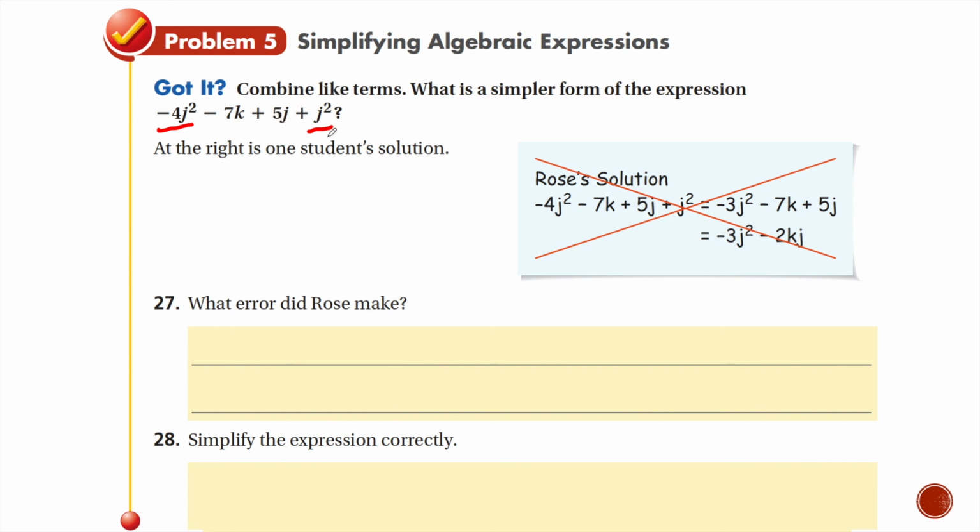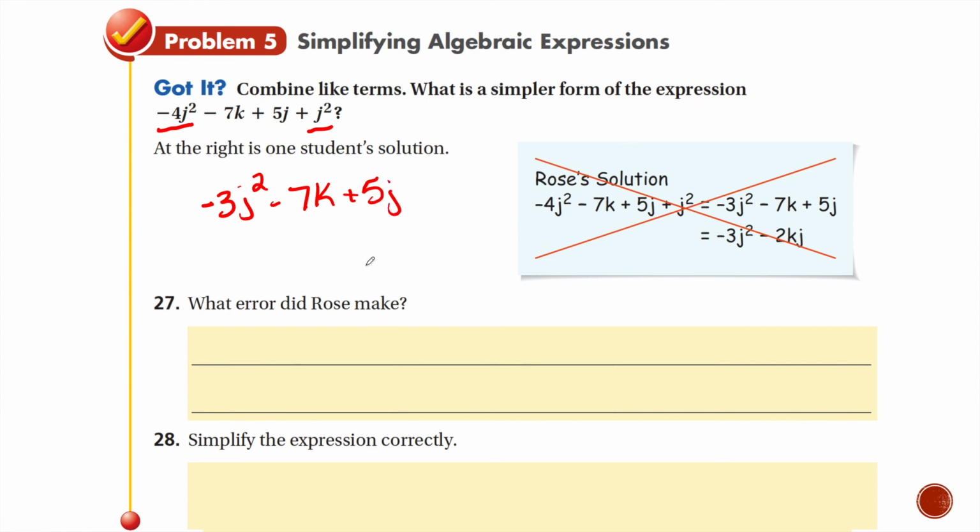J squared is its own special number. J is completely different. We cannot combine those. They're not like terms. However, we must combine these because they are like terms. So if we were to combine them, you would get a -3j squared minus 7k plus 5j.